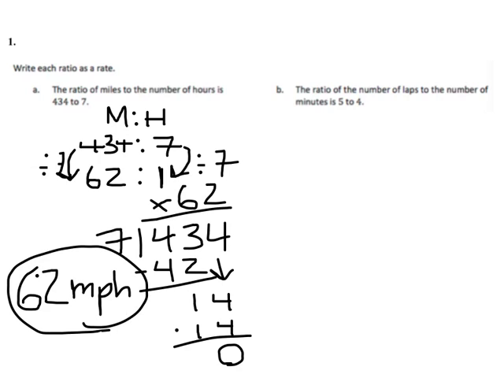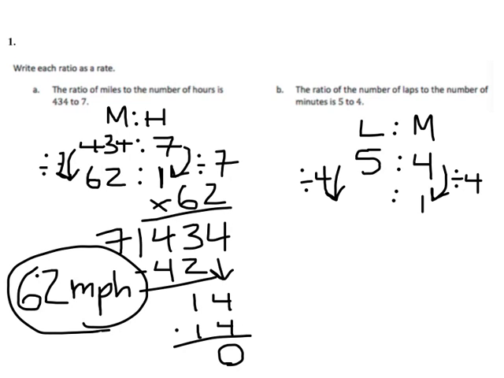Go ahead and do the same thing. Solve for part B. Find the unit rate for part B. The ratio of the number of laps to the number of minutes is 5 to 4. Find the rate. At this point, you should start to see a pattern. We're dividing whatever it is we're trying to find the rate of by whatever it is we're finding the number of times per.